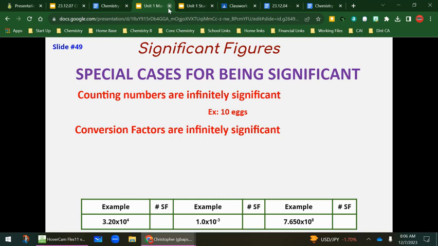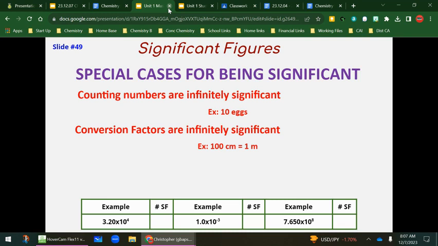But what 1 meter equals 100 centimeters really means is 1.0 forever meters equals 100.0 forever centimeters. So we never let a conversion factor limit our sig figs. They are considered to be infinitely significant. So just because it's 1 meter, if you're doing a conversion factor, we don't let that limit our sig figs. You can totally ignore that for sig figs.